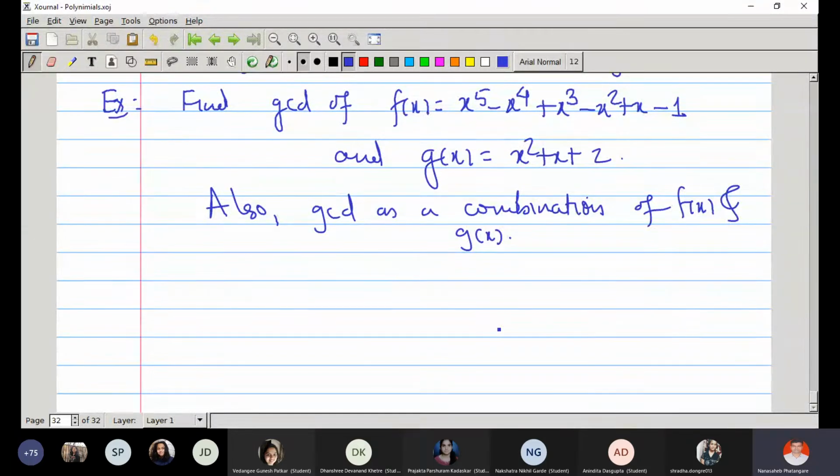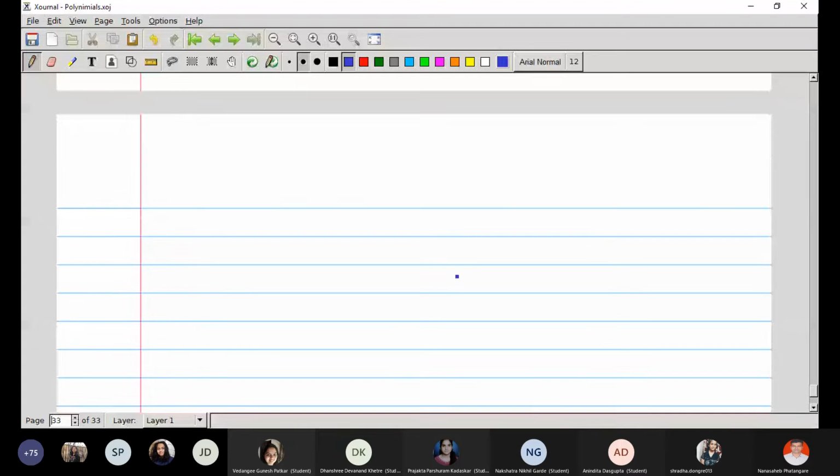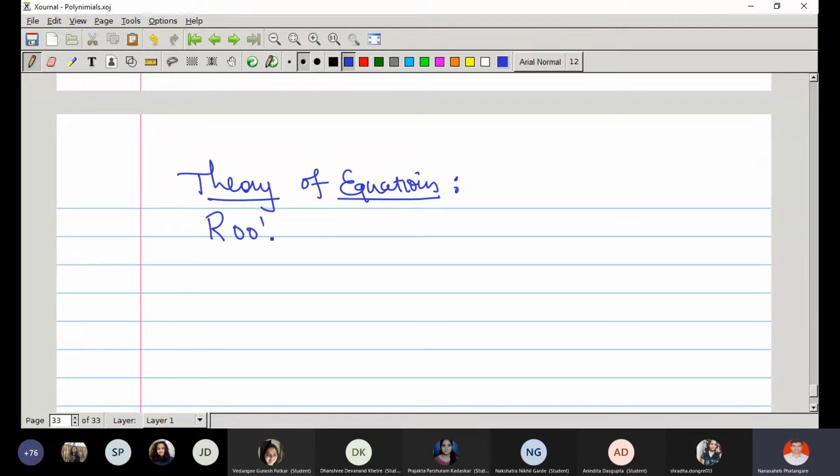Okay, now we'll go to the next topic regarding polynomials. Theory of equations means we discuss roots of polynomials. In the previous section we discussed polynomials.